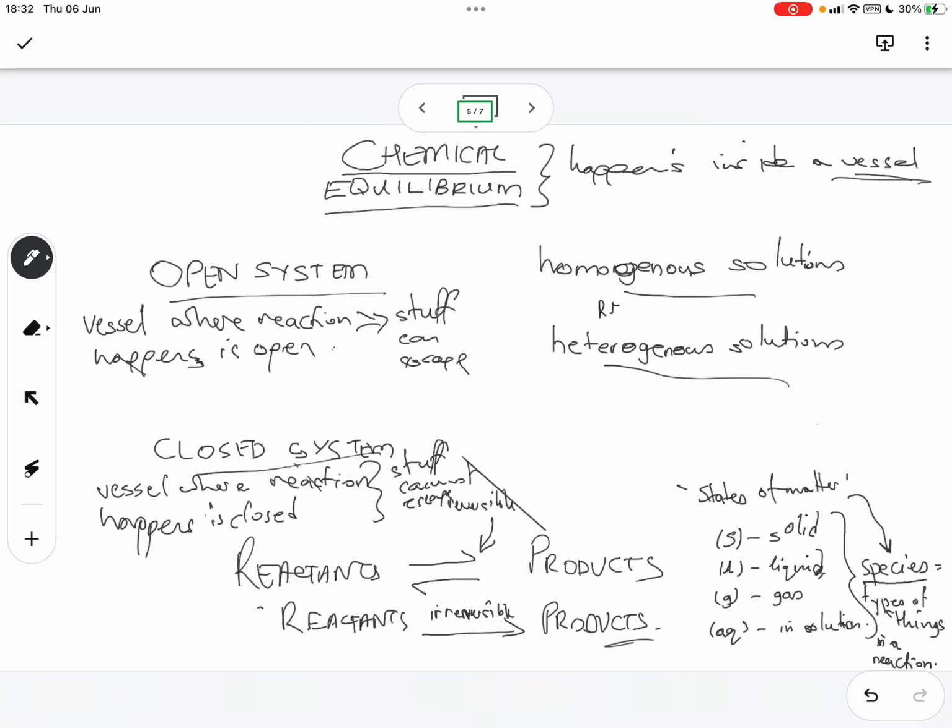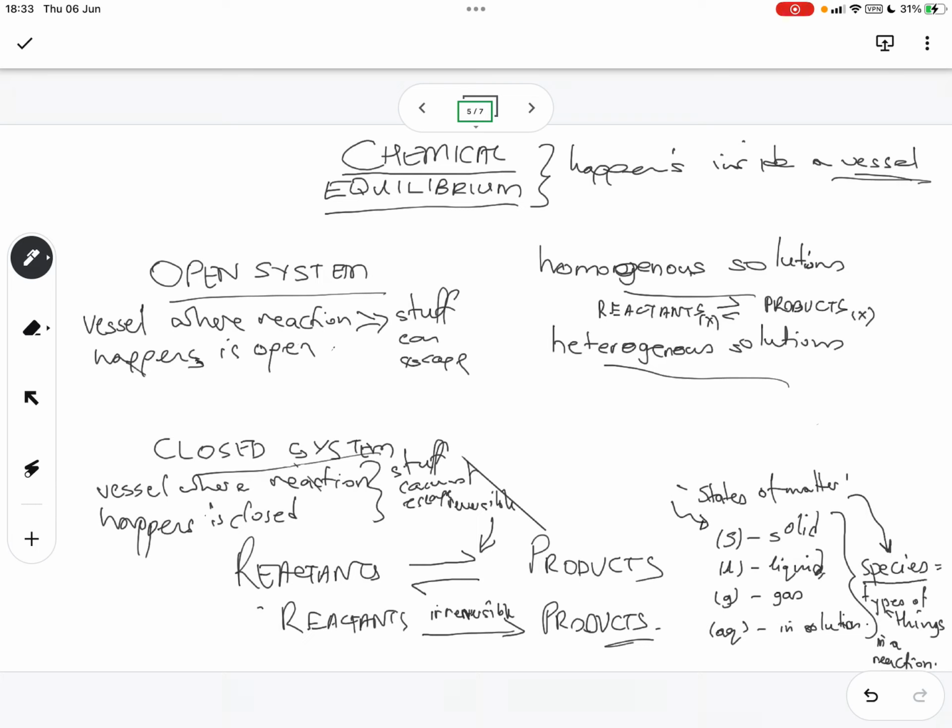So if something is said to have a homogeneous solution, what that means is that between reactants and products, they are in the same phase of matter.